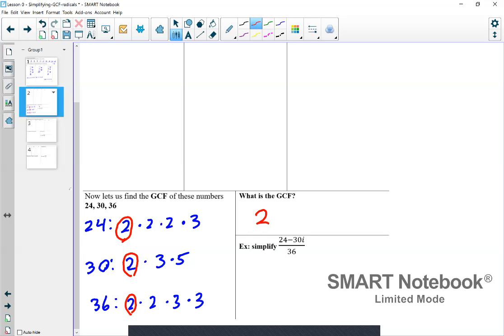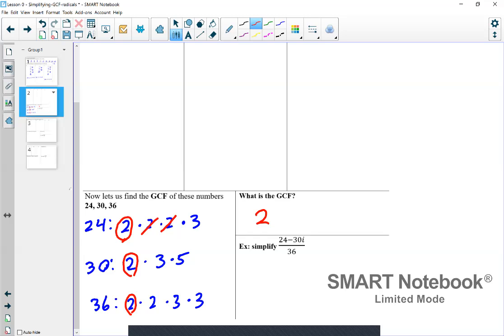So let's see if there's a bigger number we can do. All right, let's see. 24 has another 2. Uh-oh, there's no more 2's in 30, though there is another 2 in 36. So since all three don't share that extra prime, we know this one doesn't work. We already said 2 doesn't work, so why would it work again?